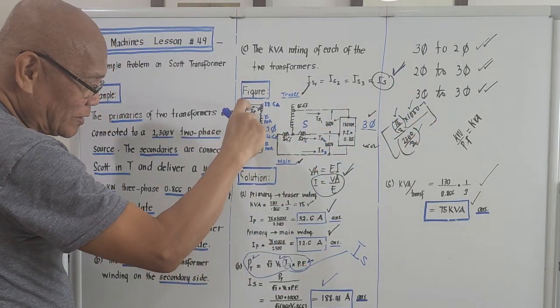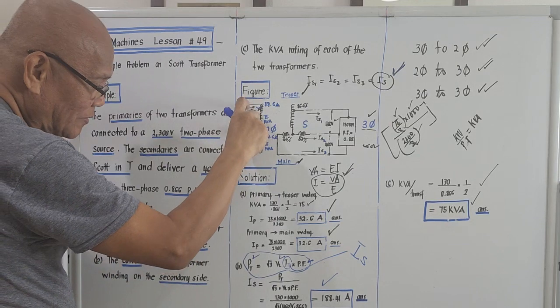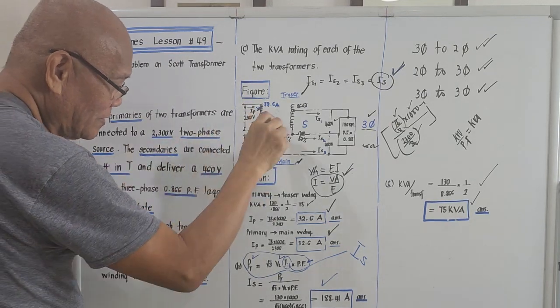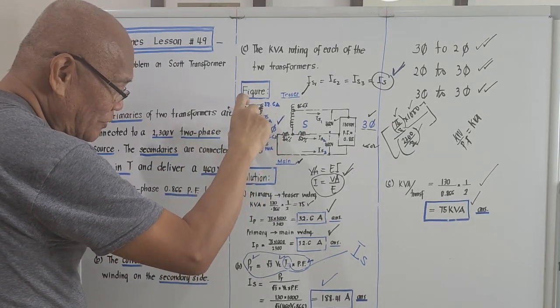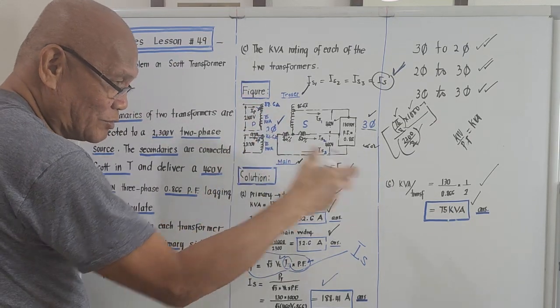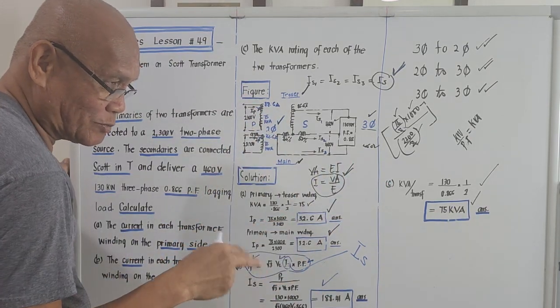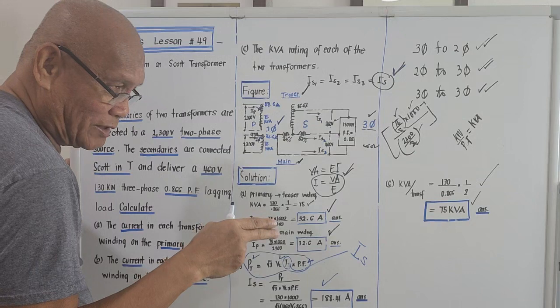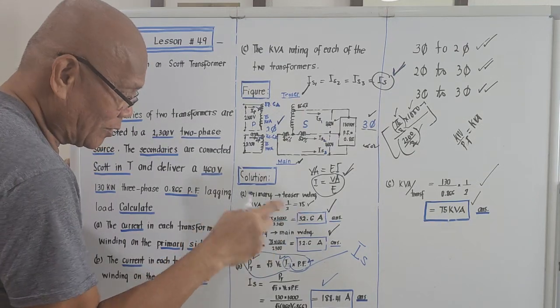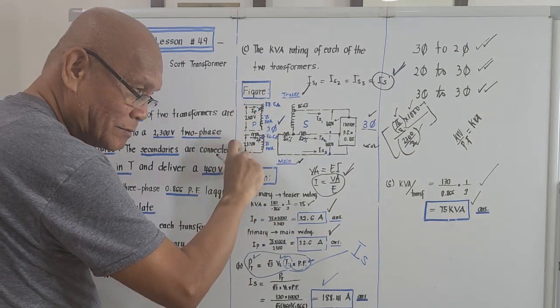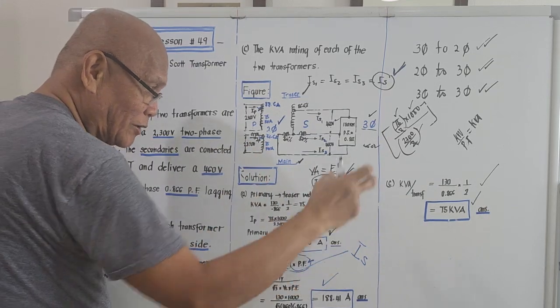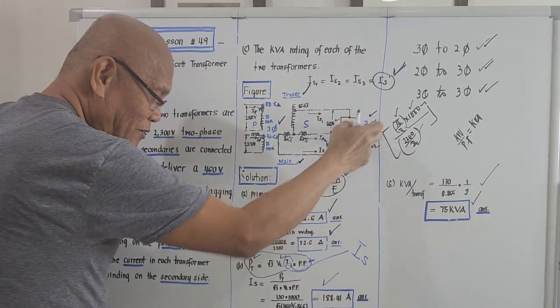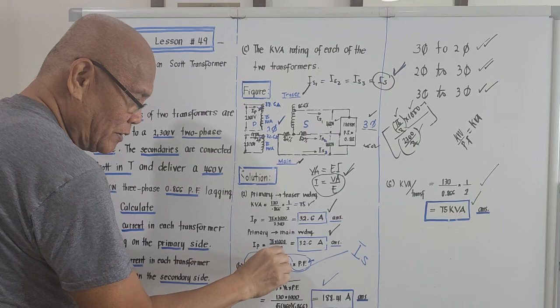We'll consider this one as single phase, it's two-phase. So in the computation of the currents here, it's an easy one. No square root of 3. We will just simply divide the apparent power by the voltage across it. But on the secondary side, since it is three-phase, there is a factor of square root of 3.